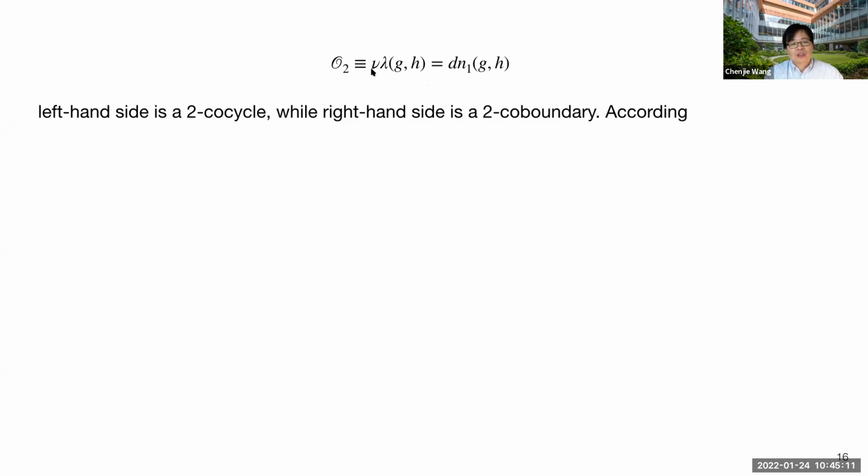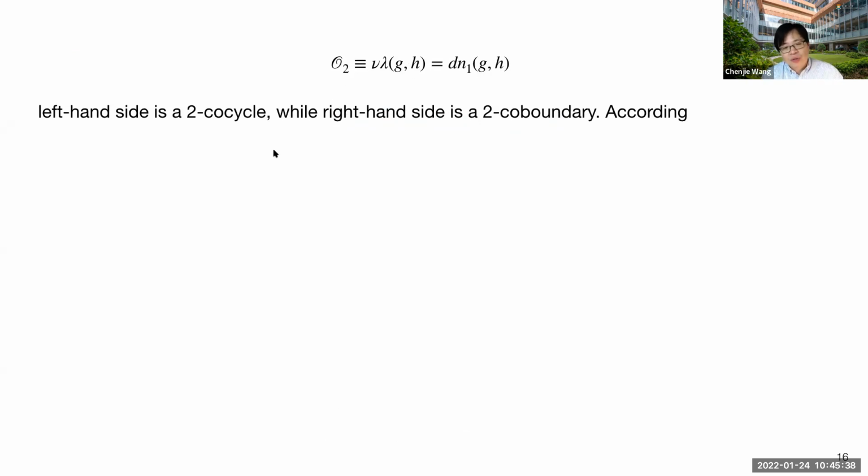Now if you look at this equation for the case nu odd, we can simply set nu equals 1. Lambda is actually a 2-cocycle that I defined, but the right-hand side is a 2-coboundary. So this equation says that a 2-cocycle is equal to a 2-coboundary.